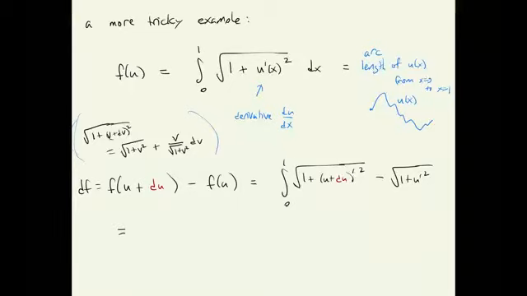Expanding everything to first order in du and also du primed, we drop anything that goes like du squared, whether you take a derivative or not. This is the integral of that second term, which is u primed over the square root of 1 plus u primed squared, times du primed dx.